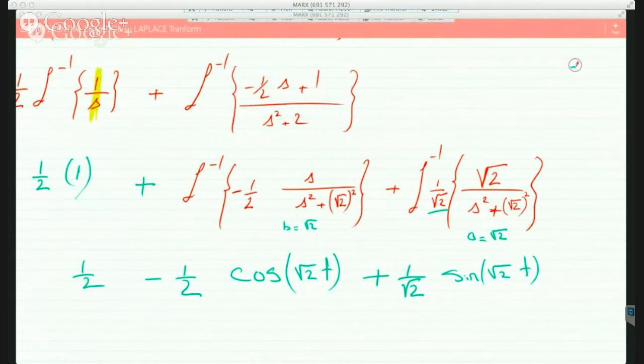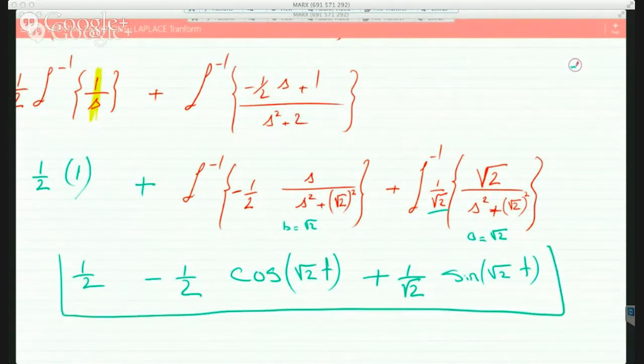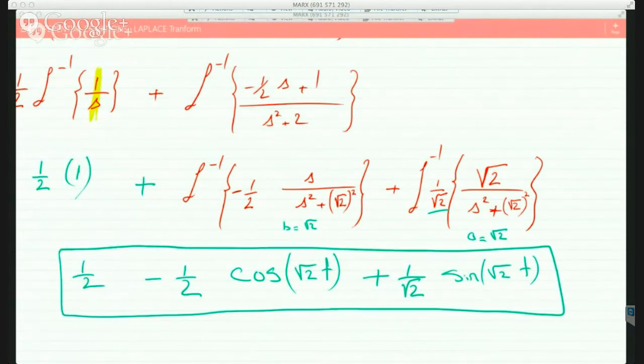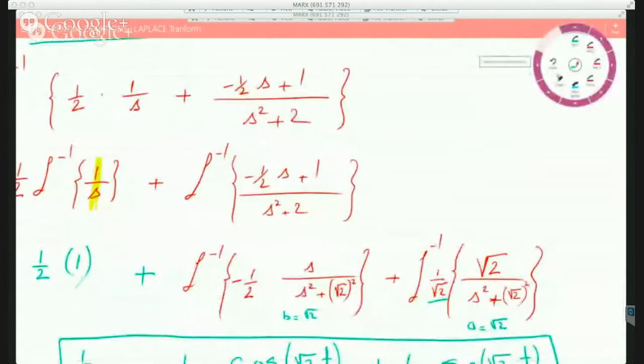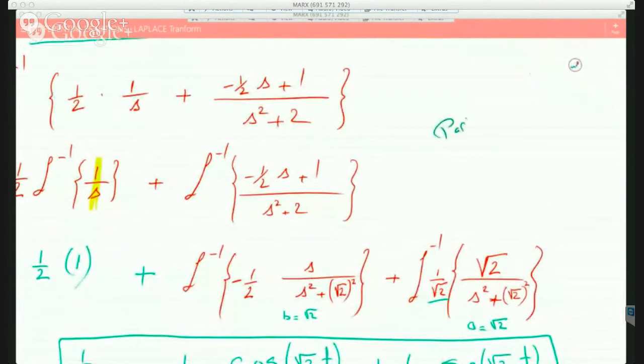So this is the inverse Laplace transform of your function, but using partial fraction decomposition.